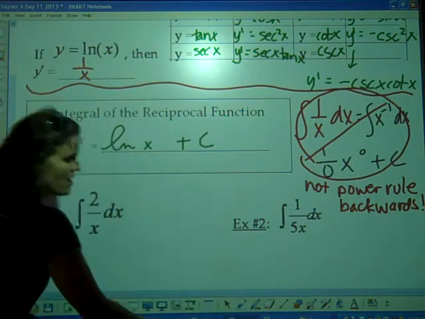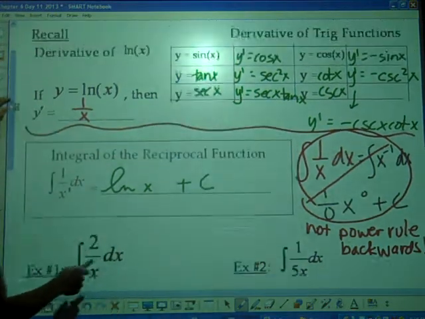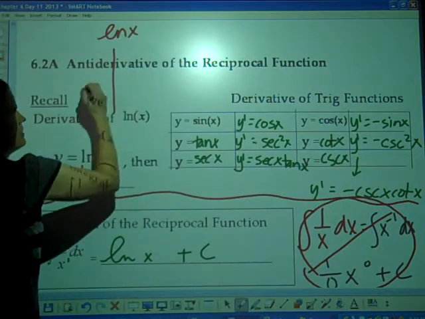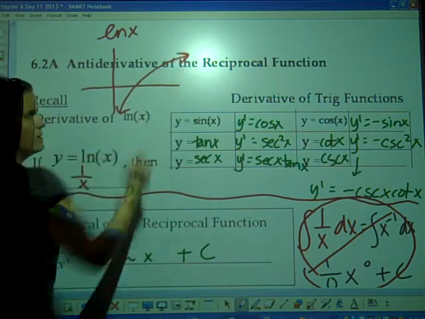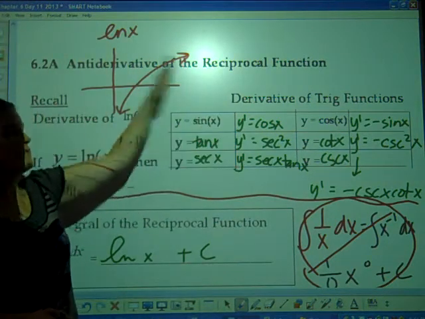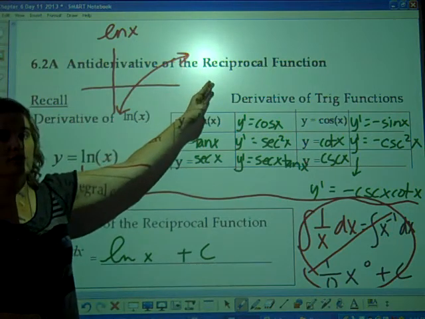But there is one little thing that you have to remember about natural log. Hopefully you guys remember that the natural log of x, if you graph that, looks like this. The natural log of x has a domain of just positive values, so x has to be larger than 0.